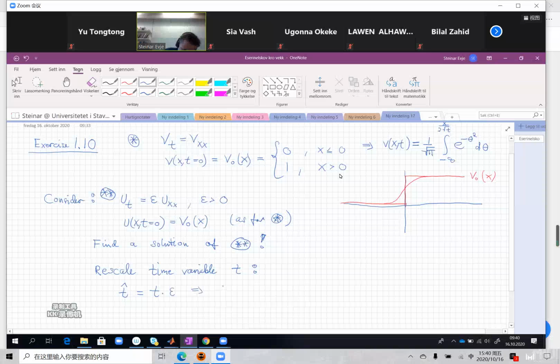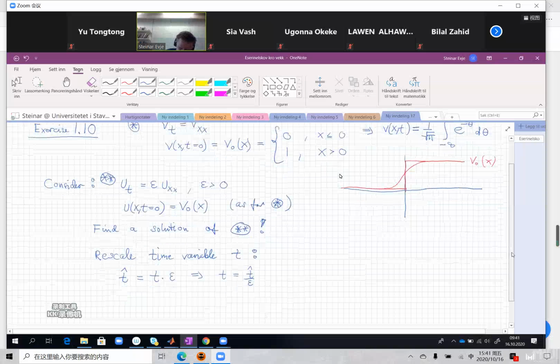That is the same as saying that t is this new time t hat over epsilon.